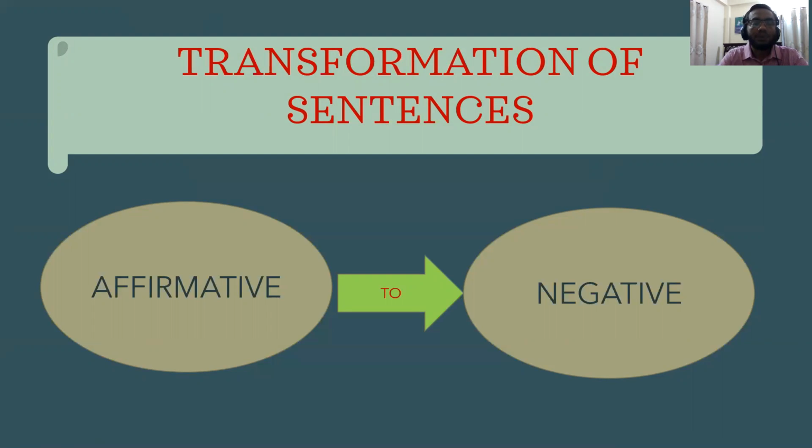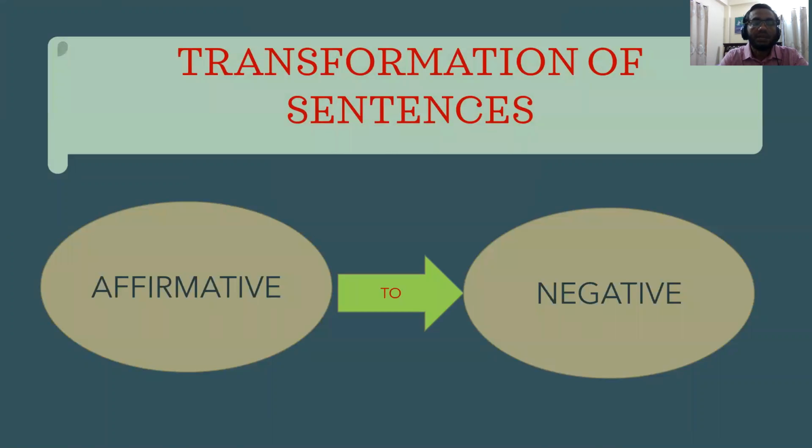And all of the five kinds of sentences can be divided into two by nature, that is, affirmative and negative sentences.